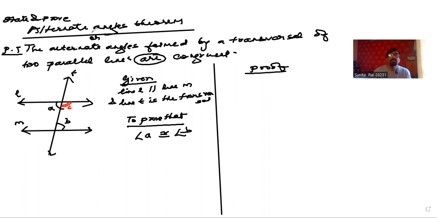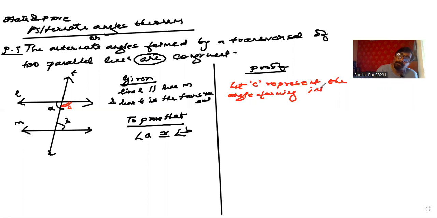I introduce this angle C. So I say, let C represent the angle forming an interior angle with angle B. Now you can see I introduced this, okay?